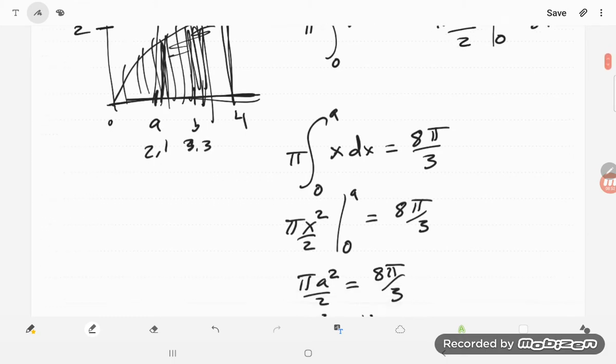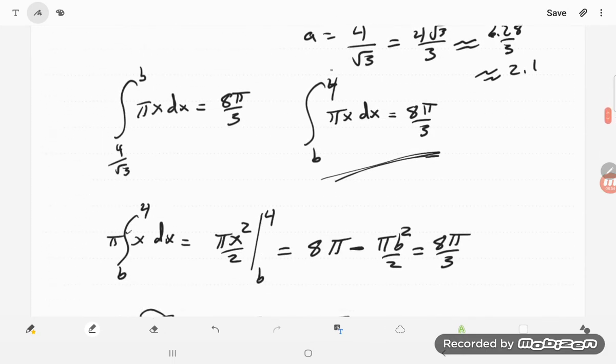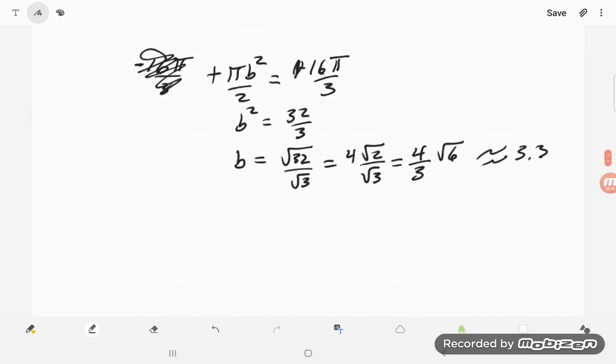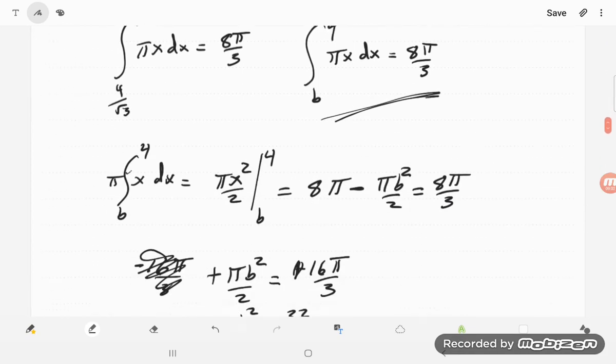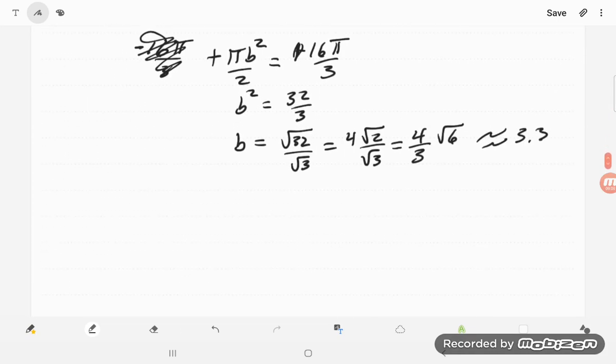Okay, now another way to check is that, remember this integral from 4 over the square root of 3 to B. Well, now we're saying B is 4 times the square root of 2 over the square root of 3.